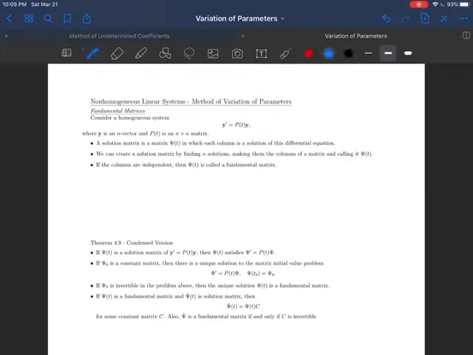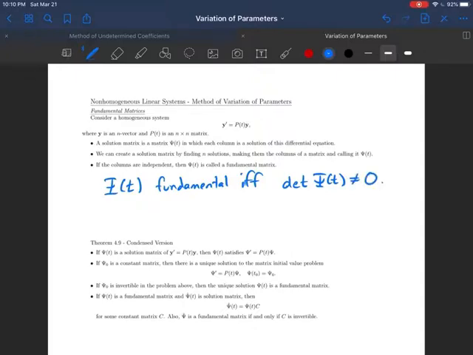So that's going to give us a bit of a rule that says that a matrix C of t is fundamental if and only if the determinant of C of t is not equal to 0.